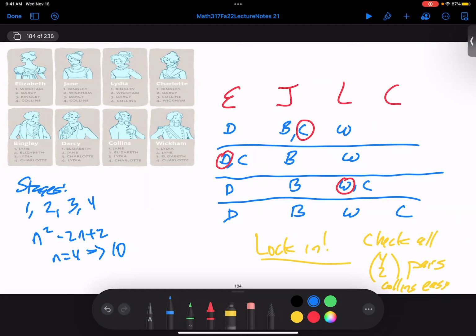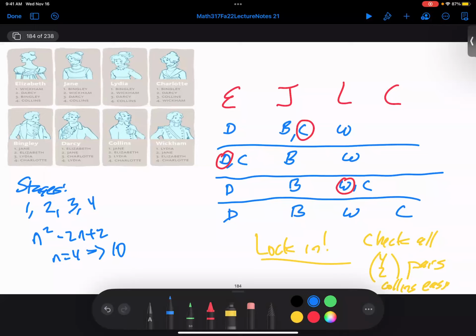For each person, how many ways are there to order their preferences? 4 factorial. So how many ways are there to assign preferences to all these people? 4 factorial to the 8. 4 factorial is 24. So there are 24 to the 8 possibilities to look at.